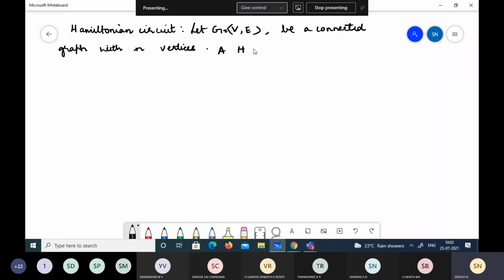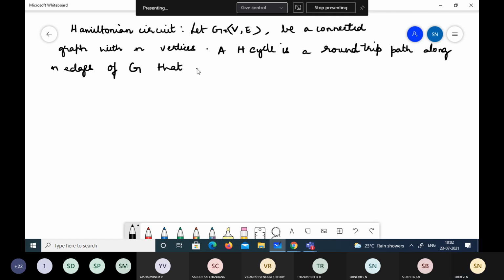So a Hamiltonian cycle is a round trip path along n edges of graph G that visits every vertex once and returns to its starting position.